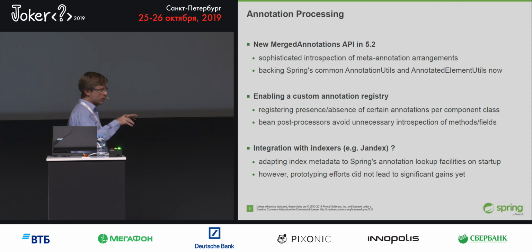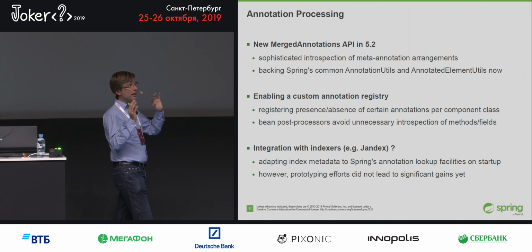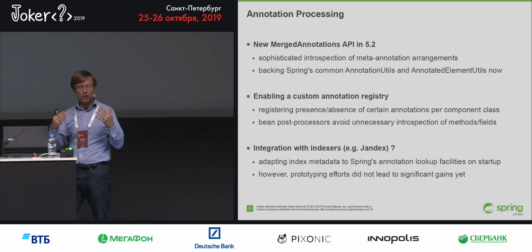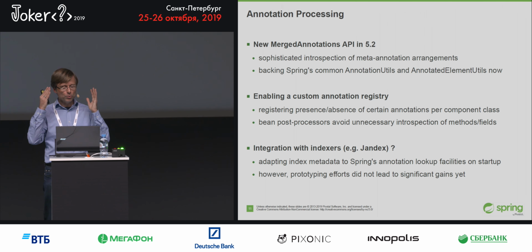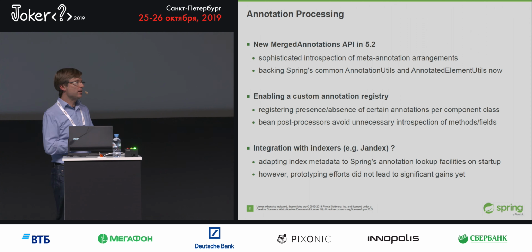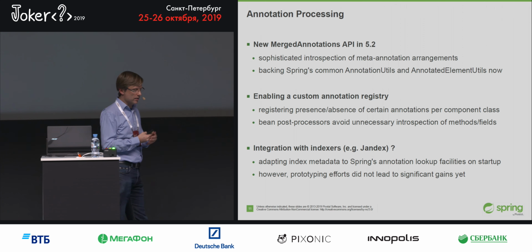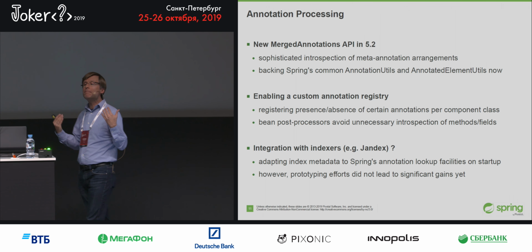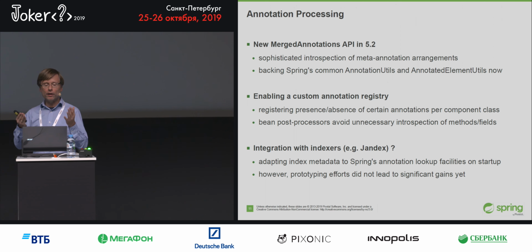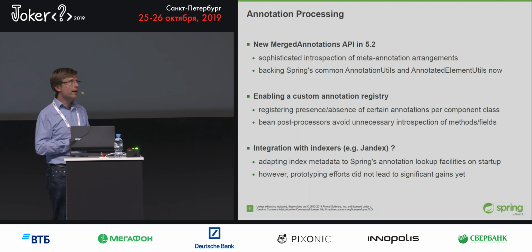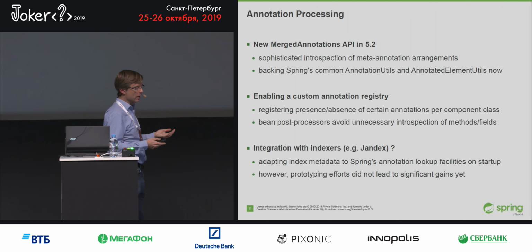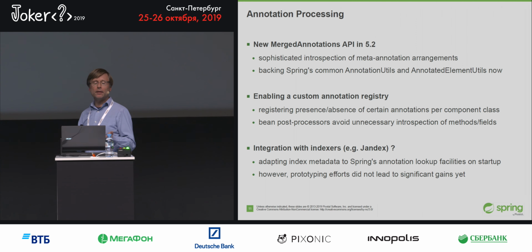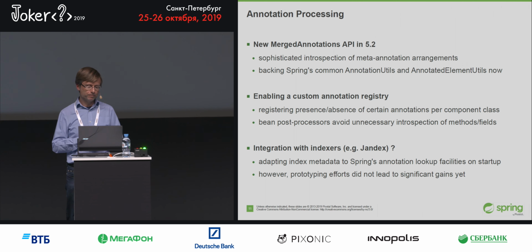The existing hooks that we had, the existing methods in AnnotationUtils and AnnotatedElementUtils, all delegate to the Merged Annotations API, and some of our Spring facilities have been refactored to use it directly now. The overall result is some more sophisticated interaction for third-party extensions, but for applications, there's a lot of implicit performance benefit. A Spring Framework 5.2 Boot-based application is going to bootstrap significantly more quickly, if it's making heavy use of annotations, than the equivalent application on 5.1.